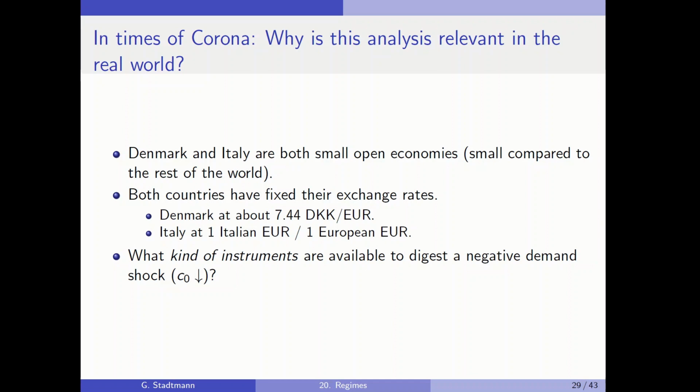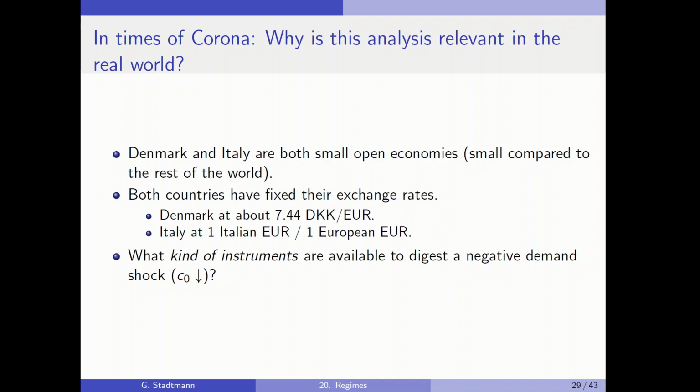Denmark could, in case they want to, abolish the fixed exchange rate system or realign the exchange rate and implement a higher exchange rate so that a depreciation of the Danish krona occurs. And then the IS curve would once more shift to the right and the Danish economy could get out of recession. But Italy doesn't have this option.